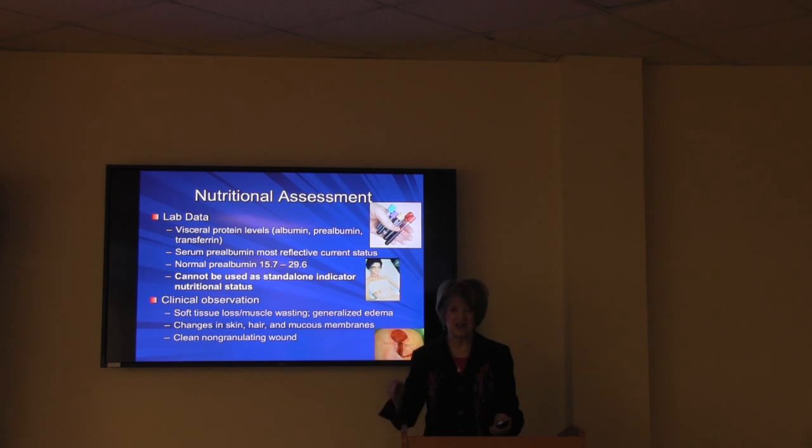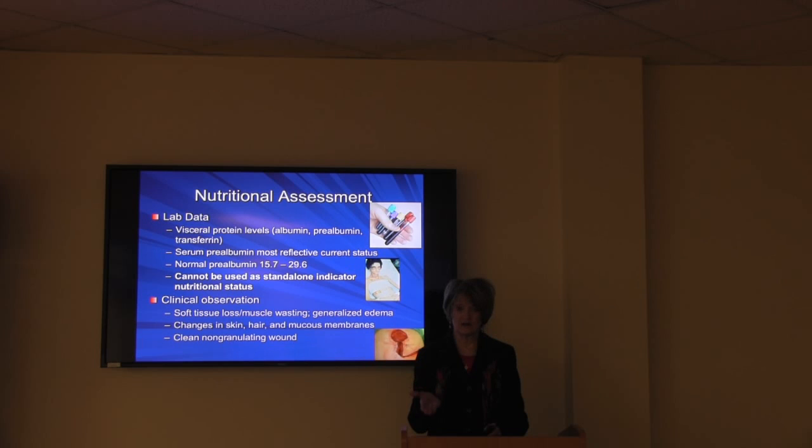It changes very slowly. Prealbumin has a much shorter half-life, so it changes much more quickly. So it's a much more accurate indicator of what's going on in the body. But remember, a low prealbumin might be indicative of compromised nutrition, but might be indicative of unrecognized infection, trauma, that kind of thing.